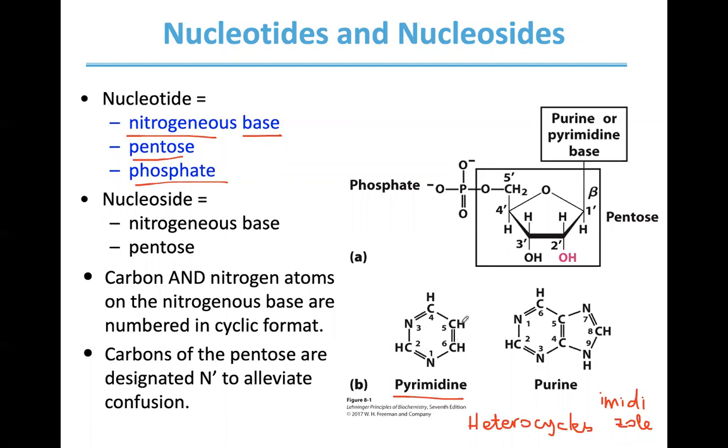If you go this way, then this nitrogen will be position 5. But if you go this way, it will be position 3. So in pyrimidine, you start on one nitrogen, and your other nitrogen will be N3.